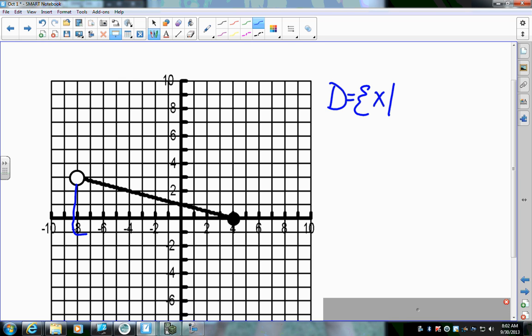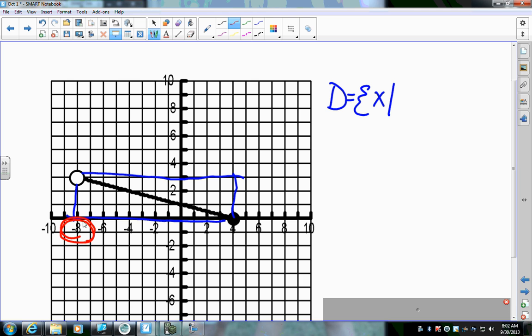Like, what's the lowest and highest, and let's find our points. Domain is left to right. So what's the farthest to the left it is?